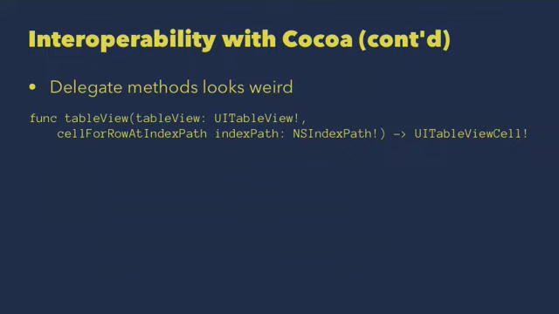In Objective-C, the real method name is tableView:cellForRowAtIndexPath:. But in Objective-C, you just get the table view. So this kind of API design, as I said, is based on Objective-C. So it's very hard to change to Swift.